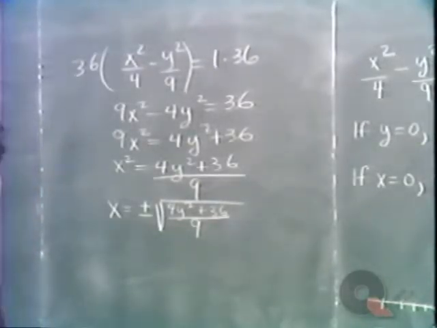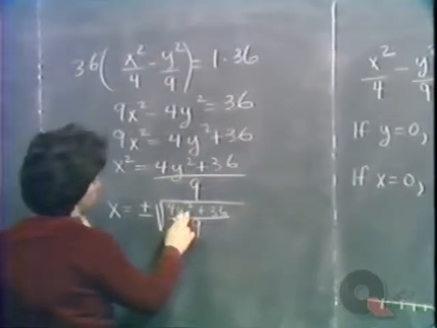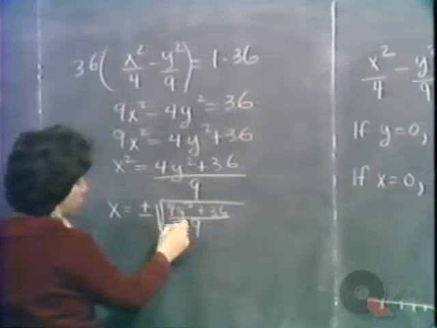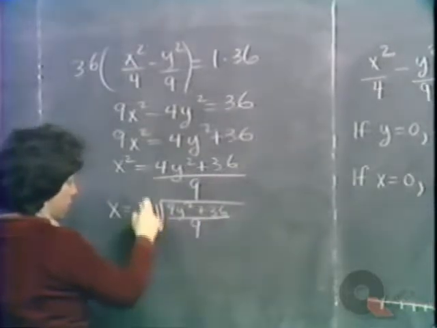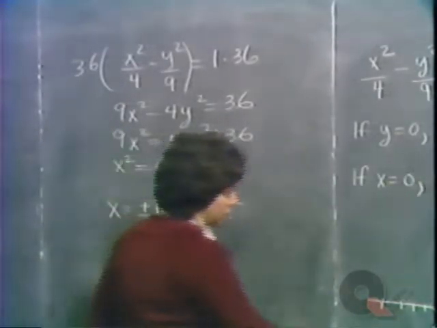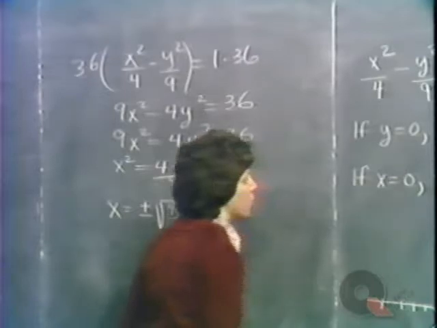Okay, let's see what we get. We've already substituted in, for example, y equals 0, because we know when y equals 0, we get the square root of 36 over 9, the square root of 4, plus or minus the square root of 4. That's the x equals plus or minus 2 that we already have.